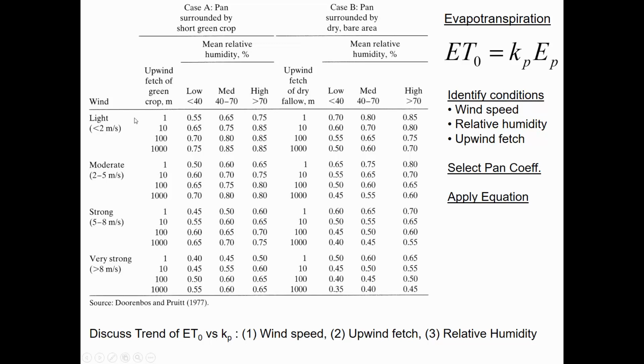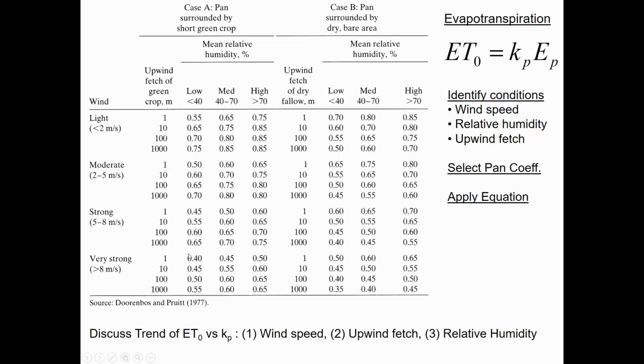And so if we just look at some of the trends here, what you'll notice is that in the case of high humidity, the pan behavior is more closely related to the behavior of the crop. So the evapotranspiration is going to be the evaporation from the pan, E sub P, multiplied by this K value.